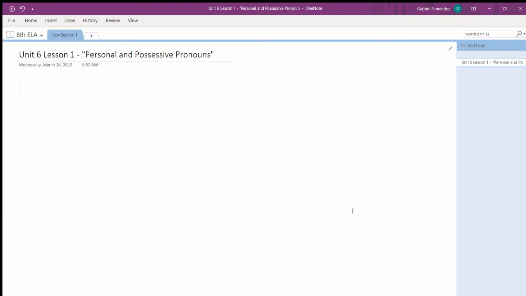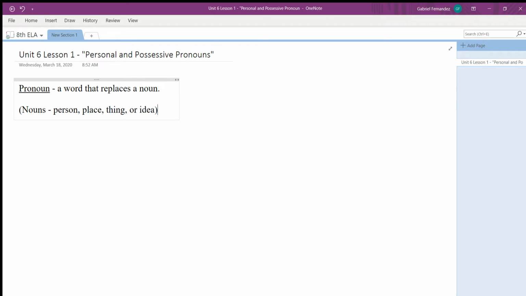So the same way we started Unit 4, modifiers, with a definition of a modifier, let's begin with the general definition of a pronoun. Now, if you know what a pronoun is, you know that it is a word that replaces a noun. Nouns, of course, are person, place, thing, or idea.